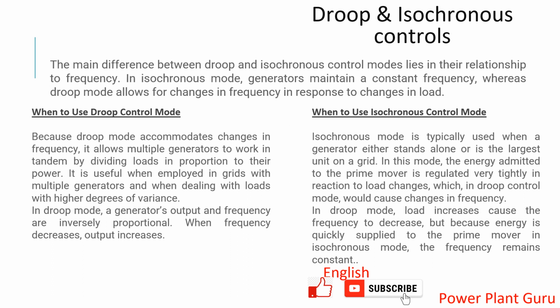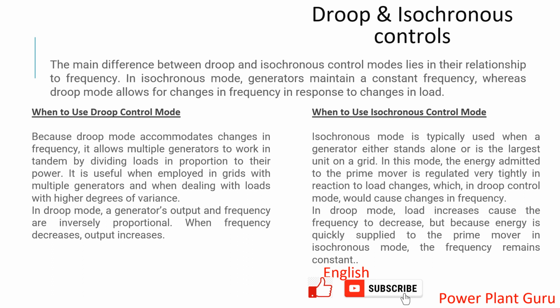So if your droop setting is 5%, whenever you start increasing the load on your turbine from FSNL to full load, your allowable drop in speed is 5%. Your machine is allowed to drop frequency or drop speed at the cost of load. So you have to cater the load, but you have relaxation to supply that energy at the cost of your frequency. So that is droop mode.